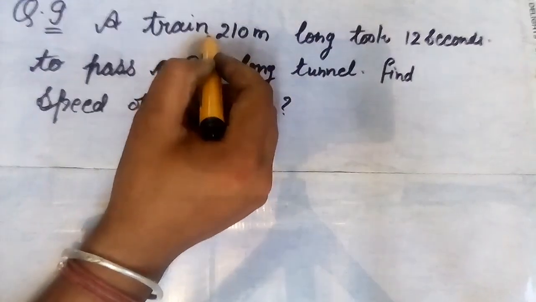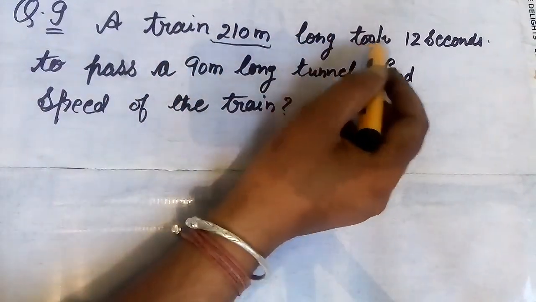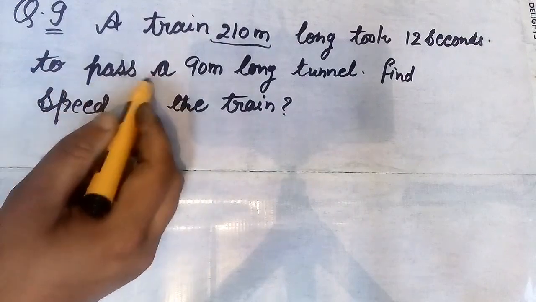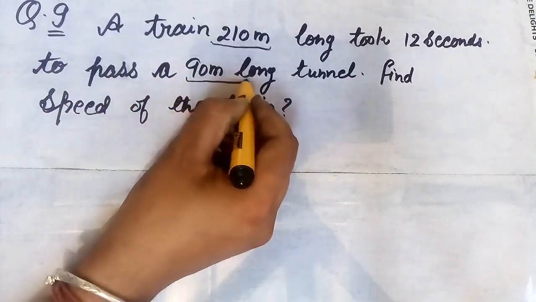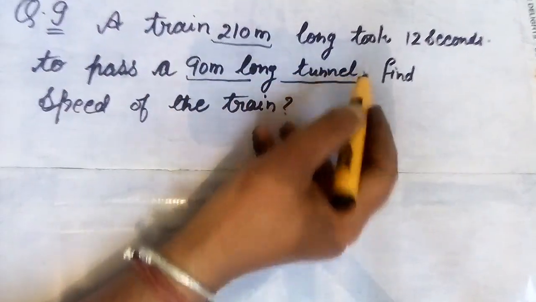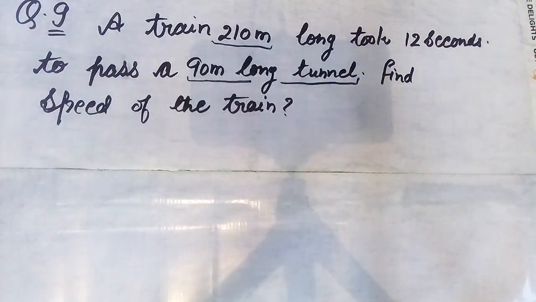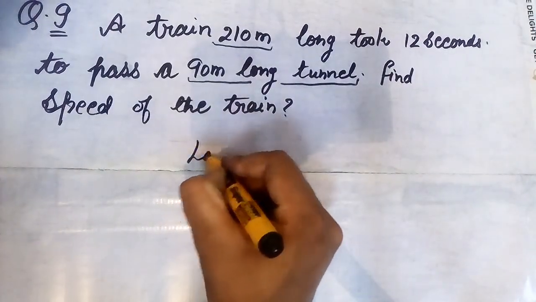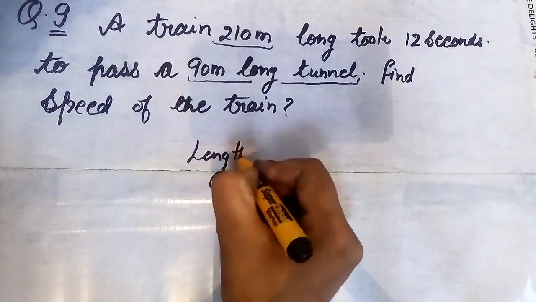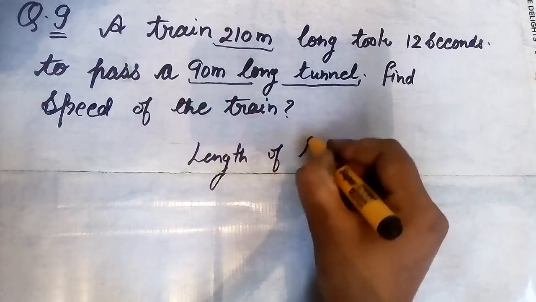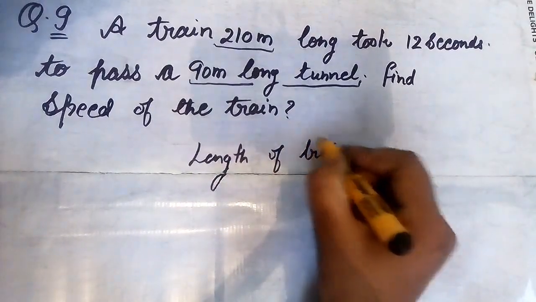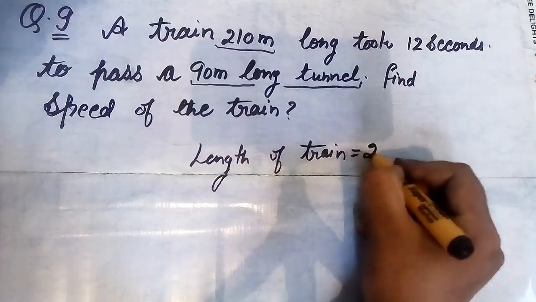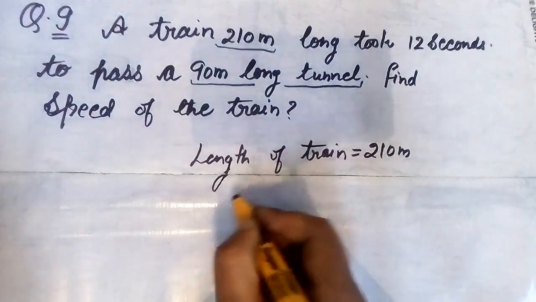Let us see one more such question. Train 200 meter long took 12 seconds to pass a 90 meter long tunnel. Find the speed of the train. So what is given in the question? First of all, length of train is equal to 210 meter.